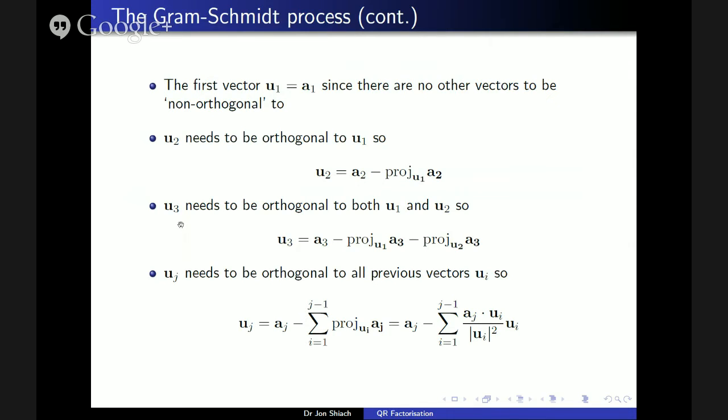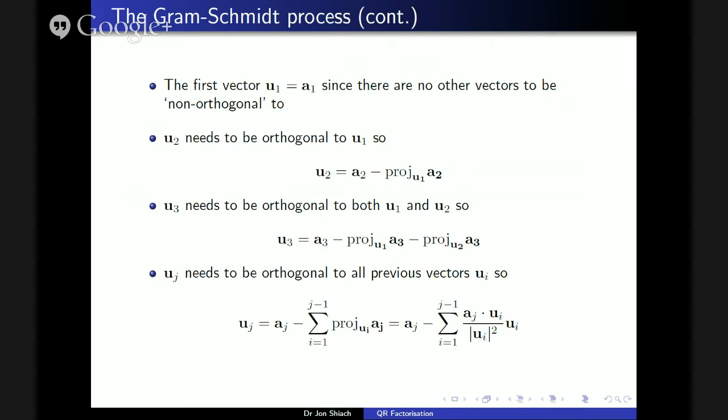Now U3 needs to be orthogonal to both U1 and U2. So we take A3, subtract its projection onto U1, and also subtract its projection onto U2. And we continue until we've done all of the A vectors.